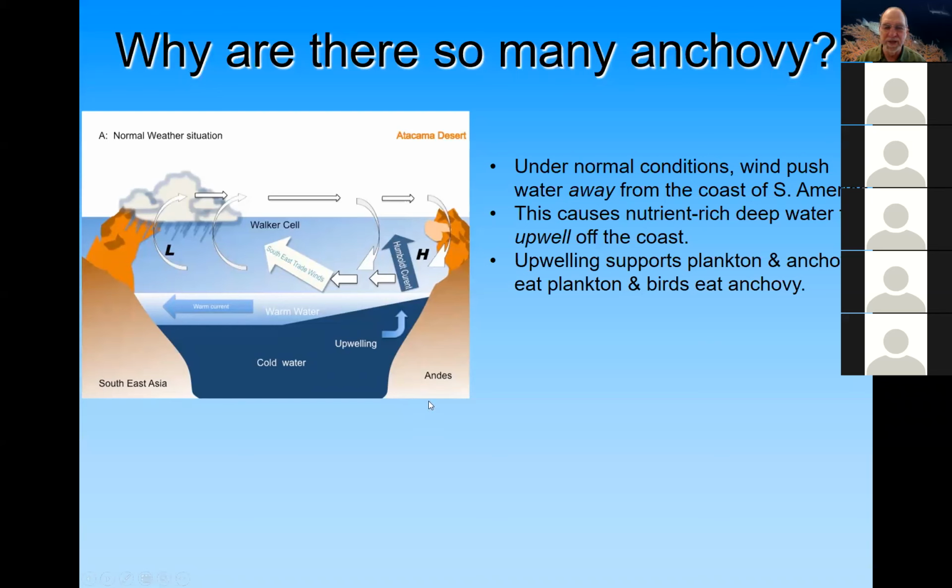So the traditional winds blowing along the coast of Chile are going to drive surface water offshore. In order to compensate for the offshore motion of surface waters, there is upwelling from deeper waters. And so there's a constant upwelling of deep ocean water along the coast of South America, and that upwelling of nutrients is what allows populations of anchovy to achieve such high numbers.